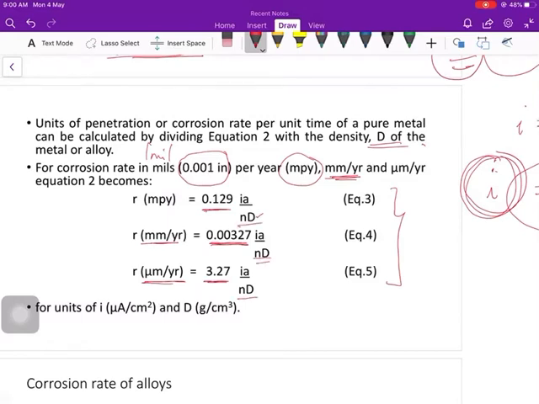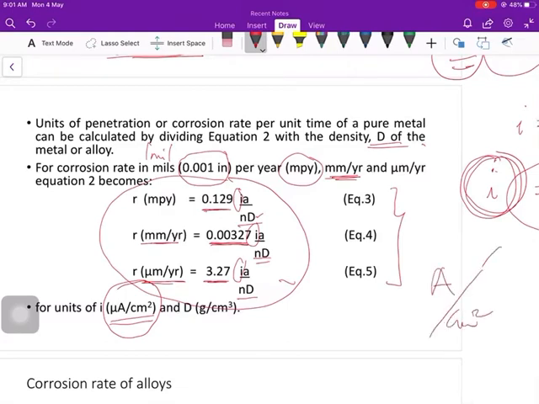The rest are the same, i A over n D, similar, right? But in these three new equations, this exchange current density, you must use this unit, microampere. Remember that you must use microampere per cm square, not ampere. It's not ampere per cm square.